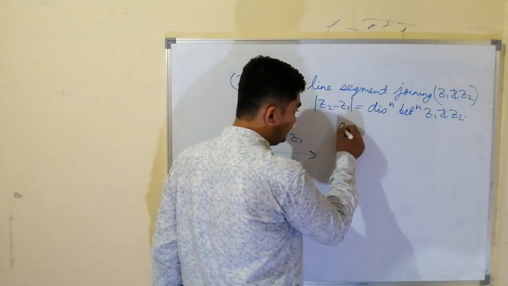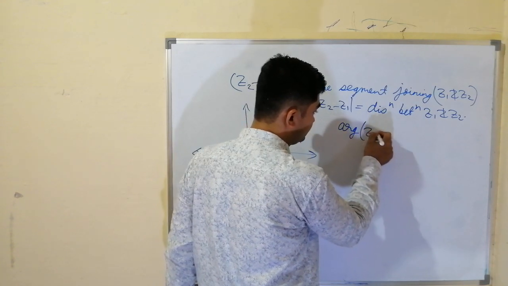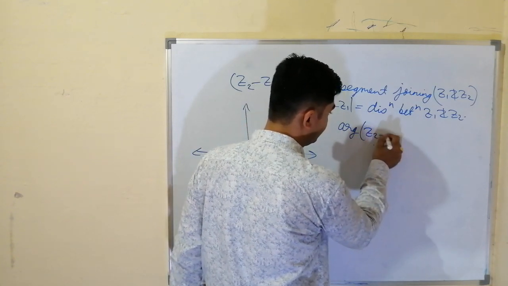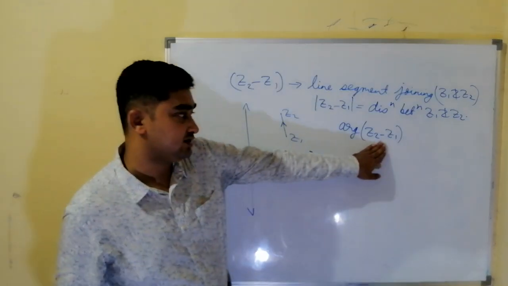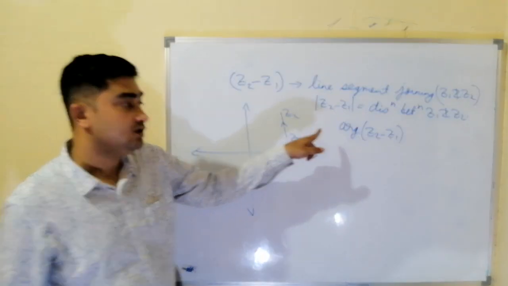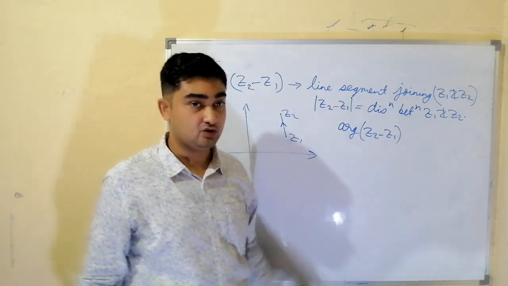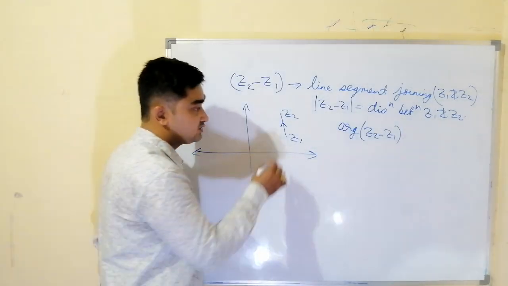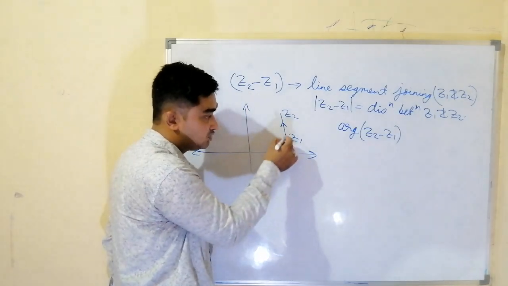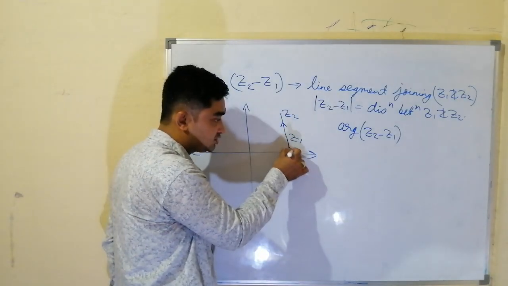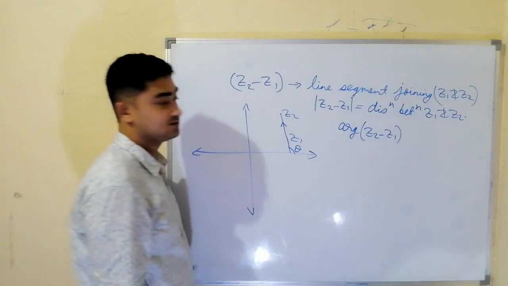Now, what is the meaning of the argument of Z2 minus Z1? We are writing Z2 minus Z1 to keep the direction the same. The argument of Z2 minus Z1 means the angle which this line Z2 minus Z1 is making with the positive direction of the x-axis.